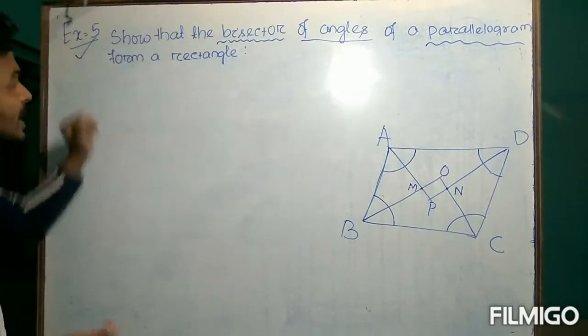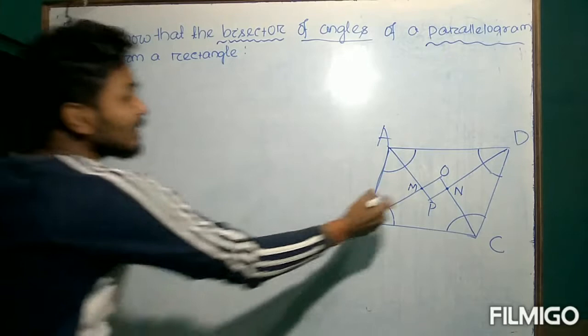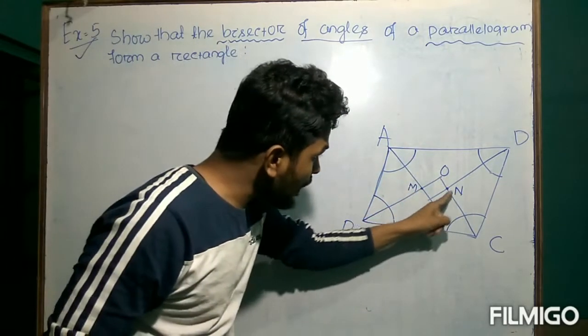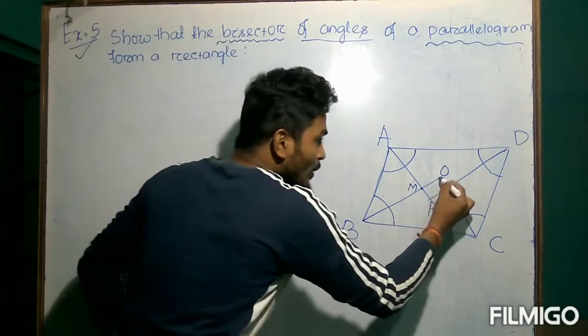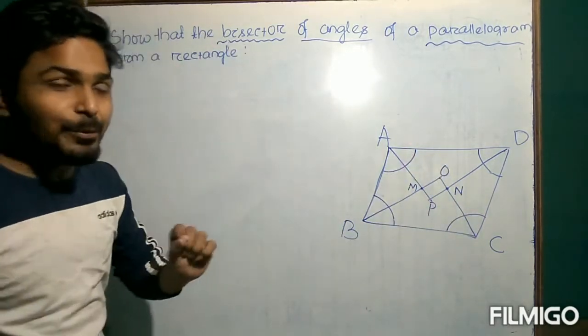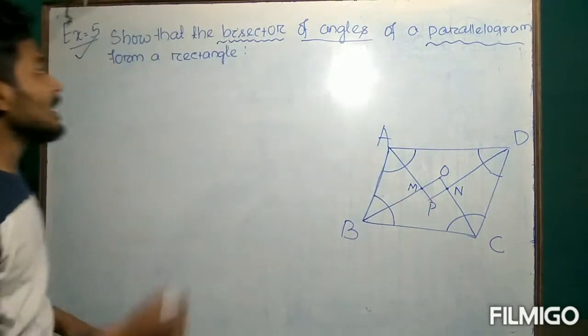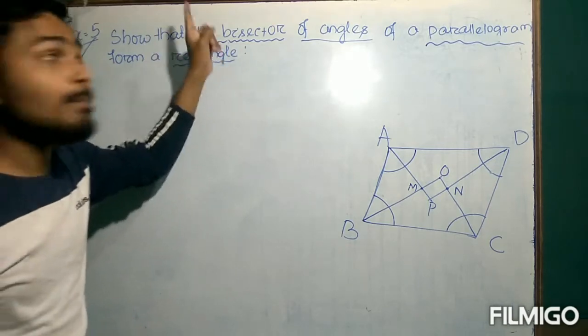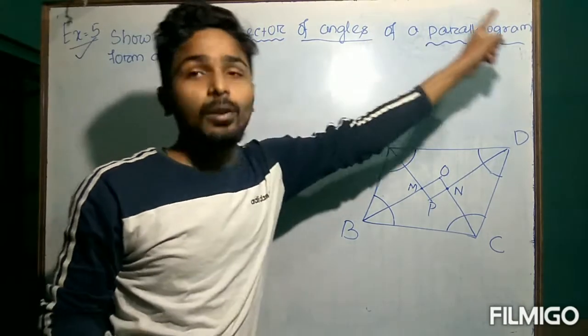Now, according to the statement, we have to prove that the quadrilateral that is formed here, as you can see, a quadrilateral is formed. Yes or no? See, ONPM is a quadrilateral, and we have to prove that this quadrilateral is a rectangle, so that the bisectors of angles of a parallelogram form a rectangle.